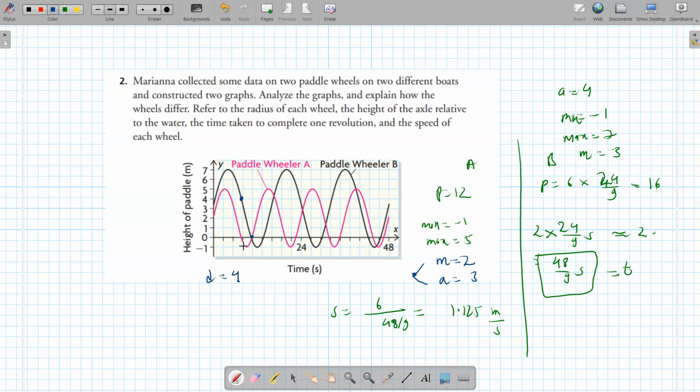What's the time from here to here? 1 box. It'll be 24 divided by 9. We had that earlier, yeah? Because there's 9 boxes, 24 seconds, so each box represents 24 divided by 9. So that's 1 box, so this is going to be 24 divided by 9. Therefore, our speed is going to be 1.5.